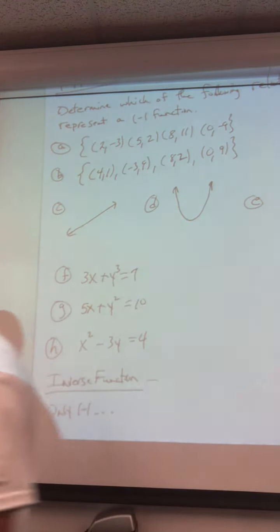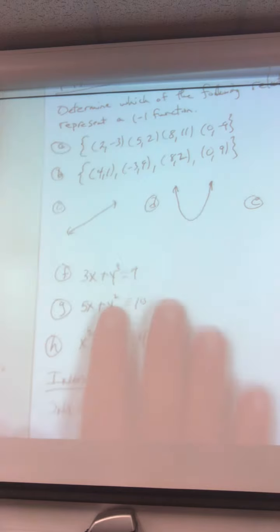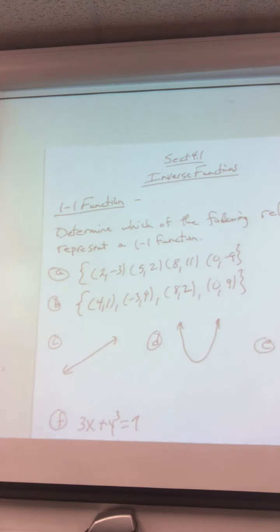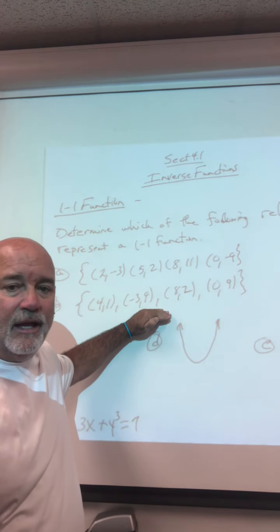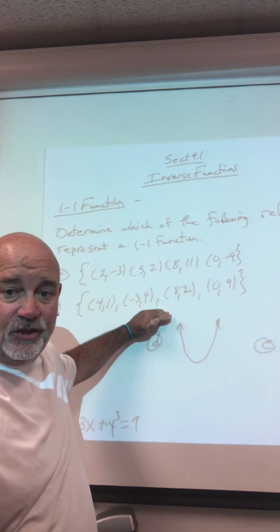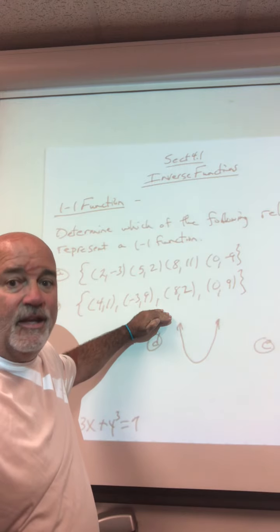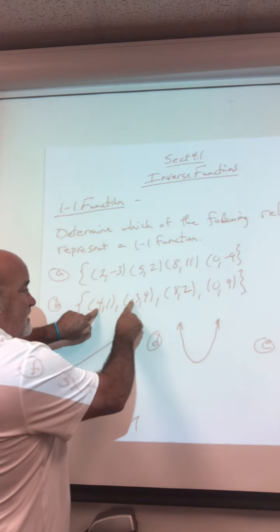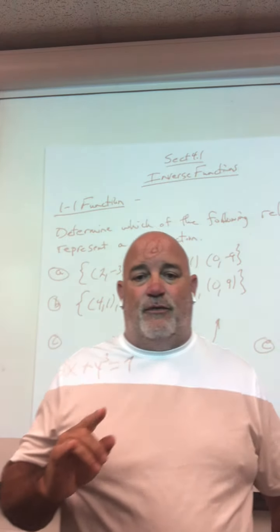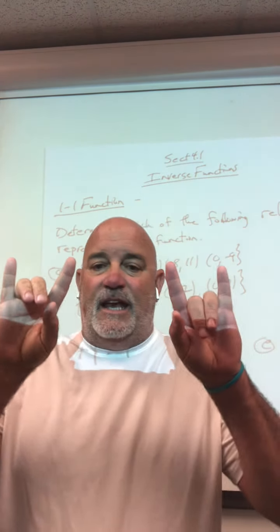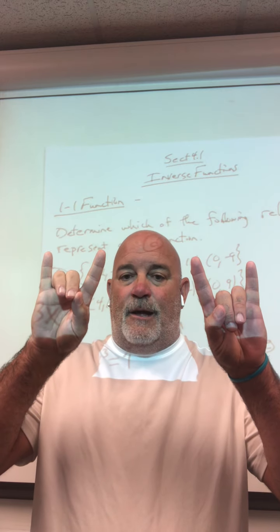Let me just show you right quick why while we're right here. Let me ask you this question. Is example B right here a function? Yes, it's a function because the x's don't repeat. Now, here's what you're about to learn in just a few minutes. What happens in an inverse function is this.